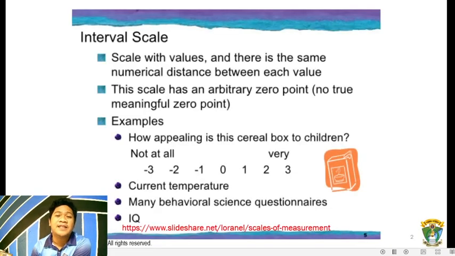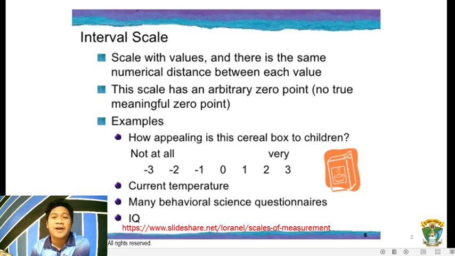For interval scale, these are scales with values already, and there is the same numerical distance between each value. This scale has an arbitrary 0 point, meaning there is no absolute zero. For example, rating the appealing factor of a cereal box, current temperature, many behavioral science questionnaires, and even IQ.